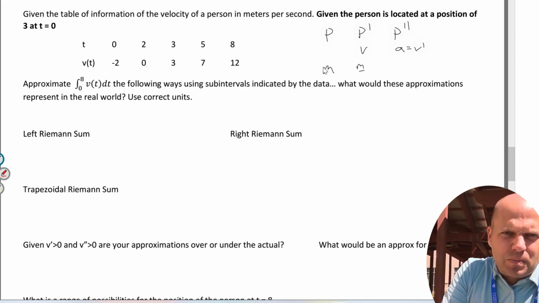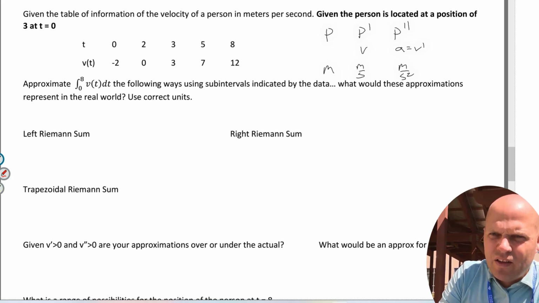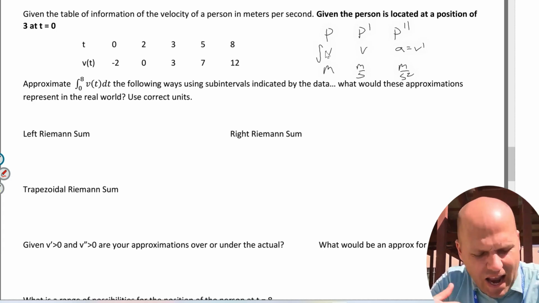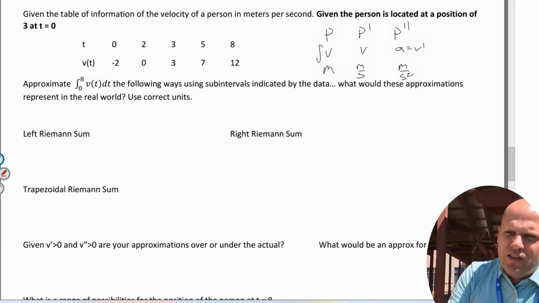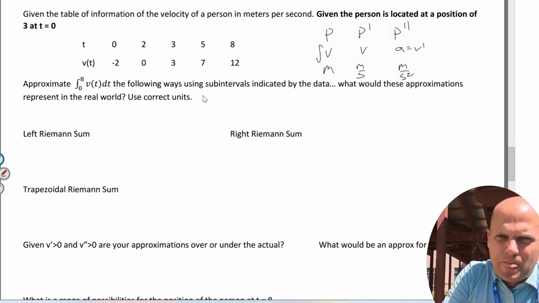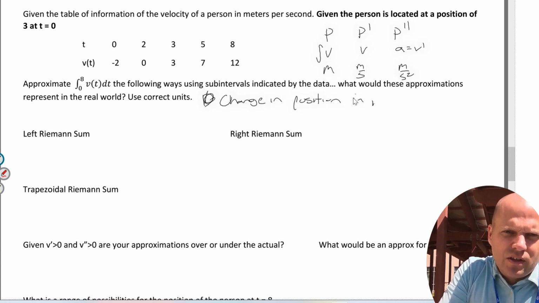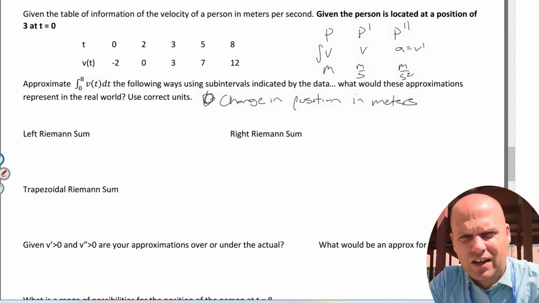Meters, meters per second squared. If I integrate velocity, I will be getting a displacement, or the change in position in meters. How much my position changed in meters. If I take the derivative of velocity, I'll get an acceleration.